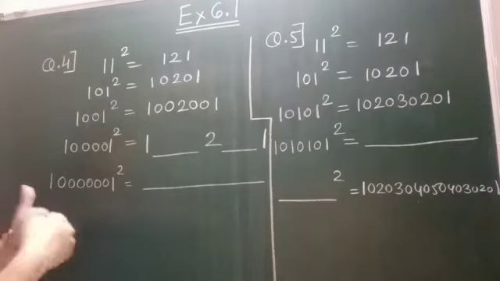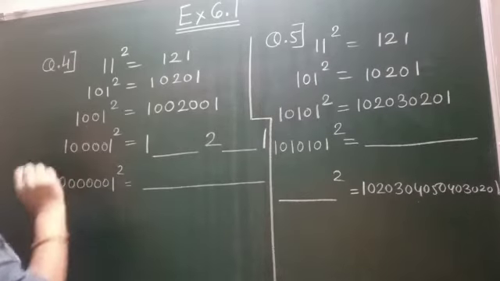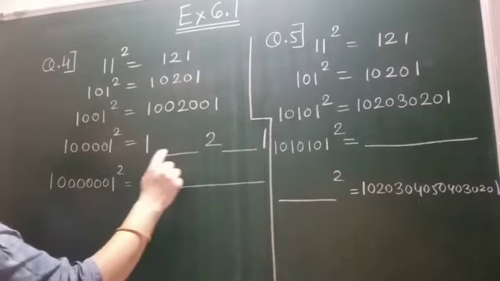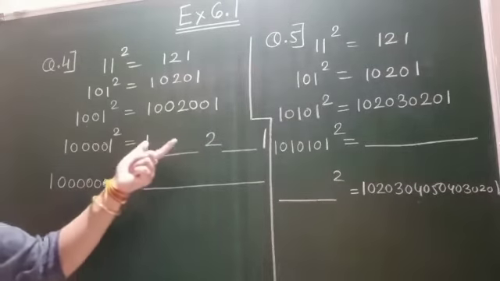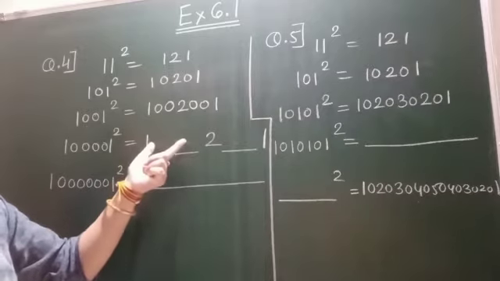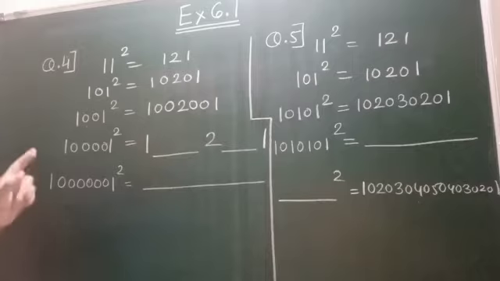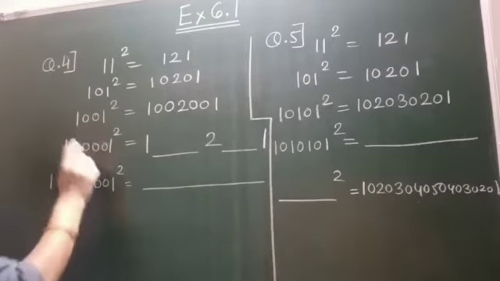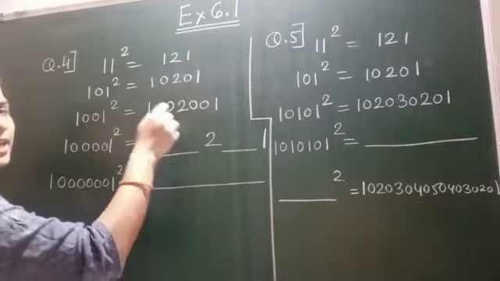Let's see what will come in the next step. 10001 square equals 1 blank 2 blank 1. Now we have to find which number will come in the missing place. In the previous step there are two zeros, and between this 1 and 2 again there are two zeros.